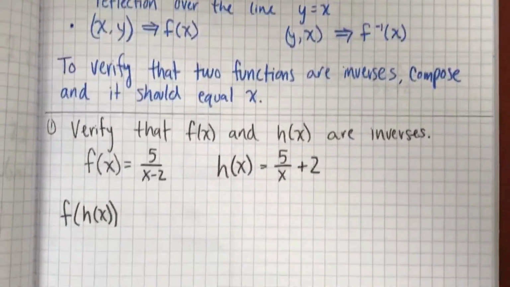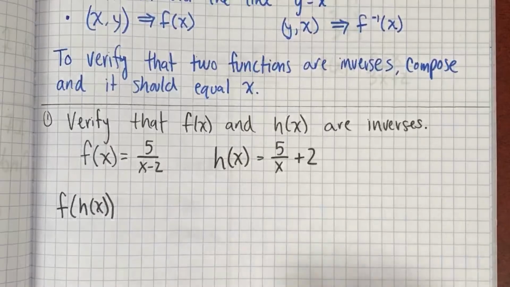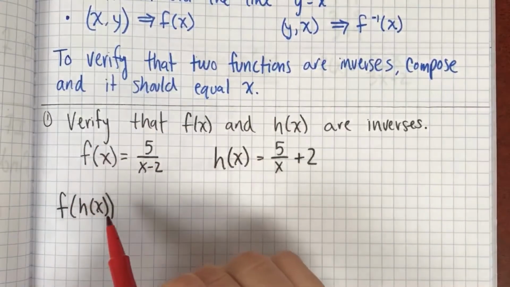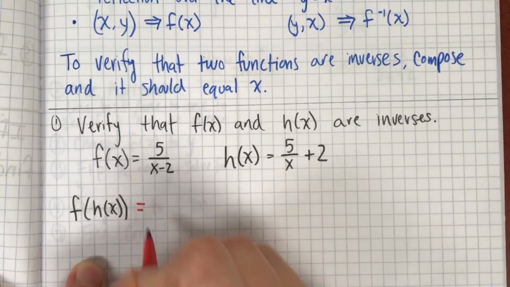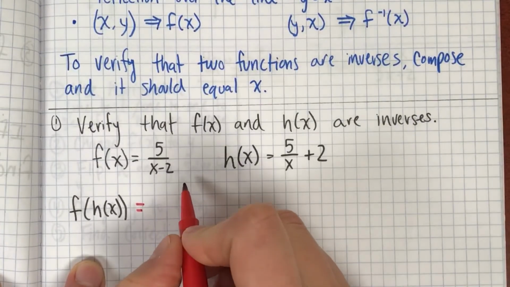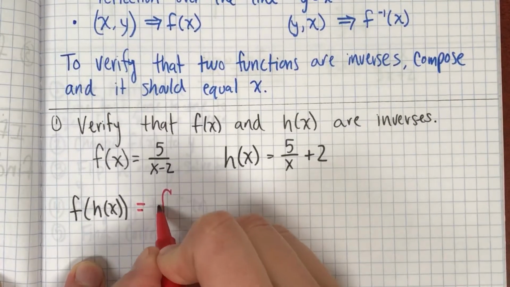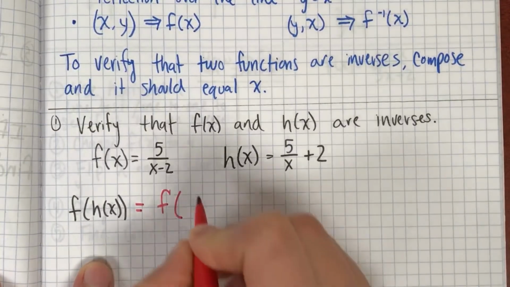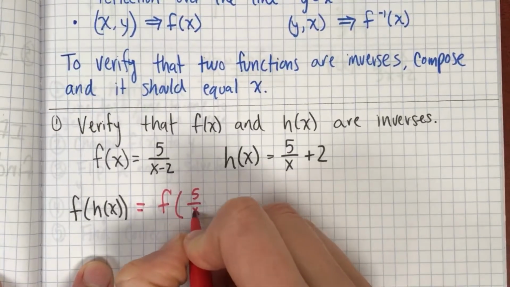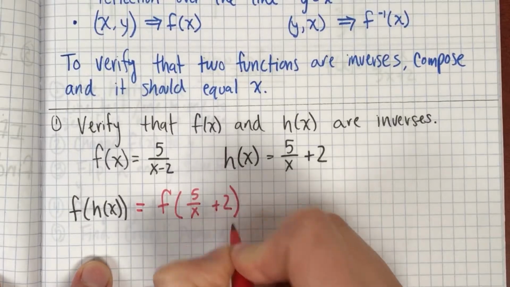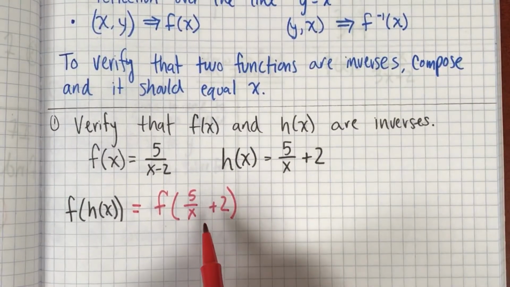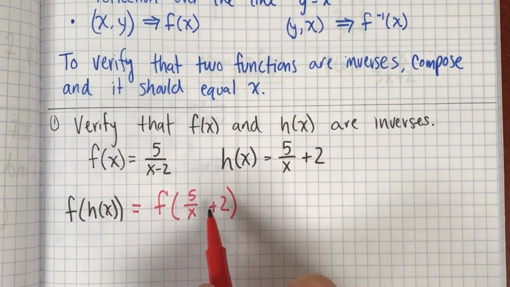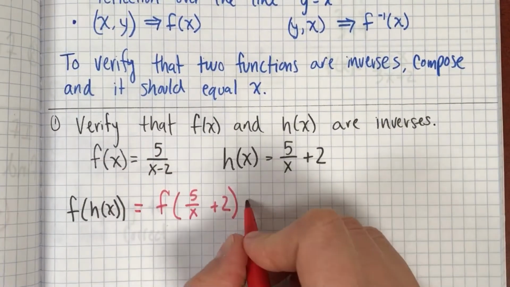And so in that, we are going to compose and plug in our h function into our f function. Sometimes it might be helpful to write it out like this before we actually do our composition. Okay, so we're plugging in x divided by 5 plus 2 into my f function.